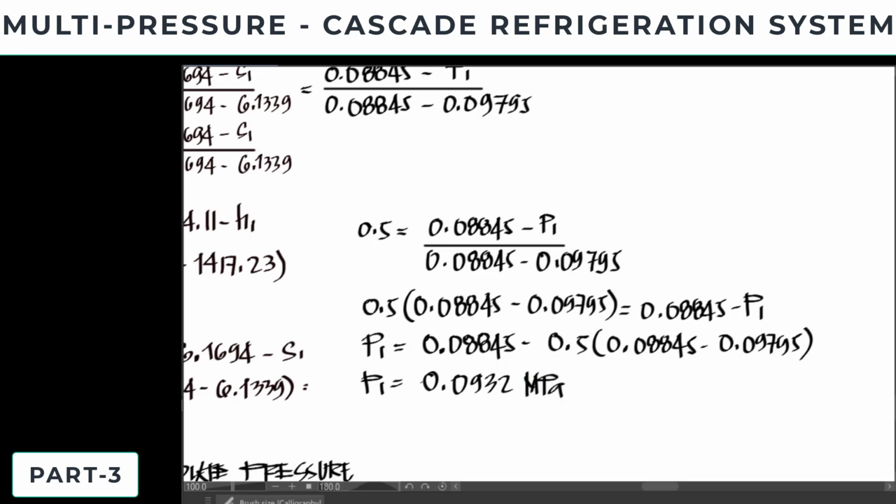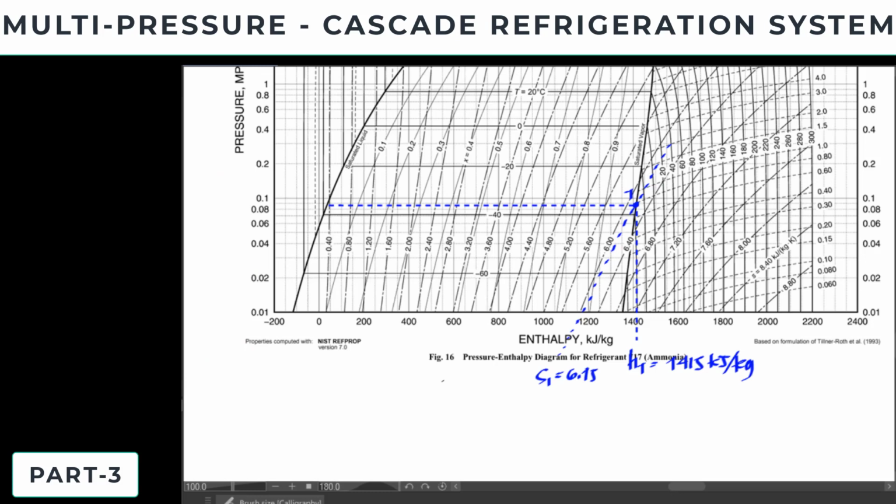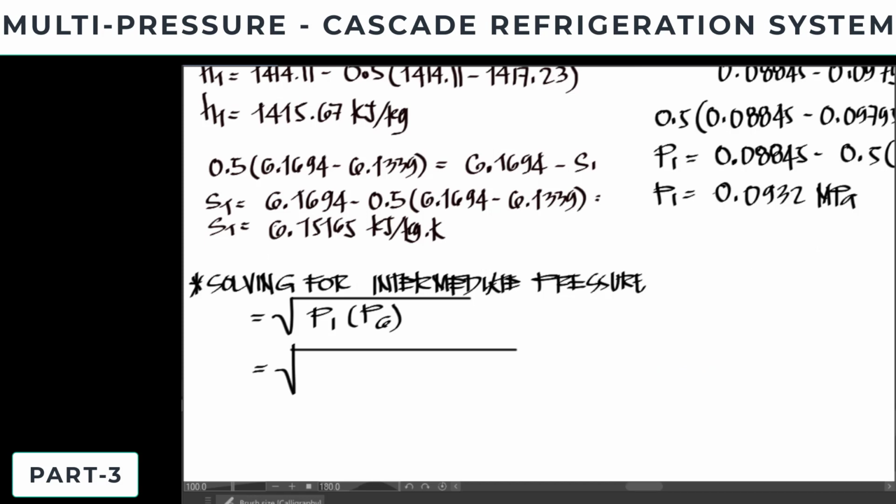Okay, let me go back to earlier. So the value, let me adjust this one, which is much closer to 0.9. Adjusting that, we may see that we are at closer values, right? So we already have the pressure 1, so let's substitute here.